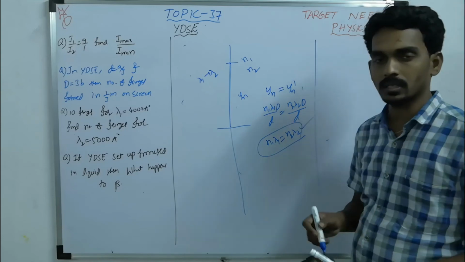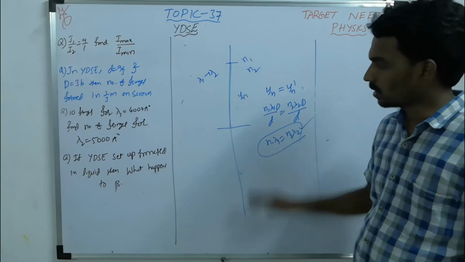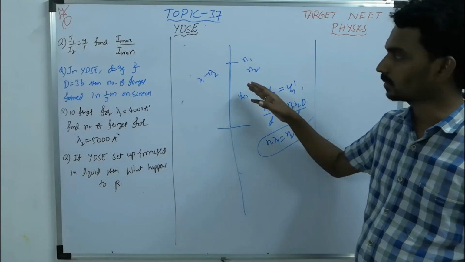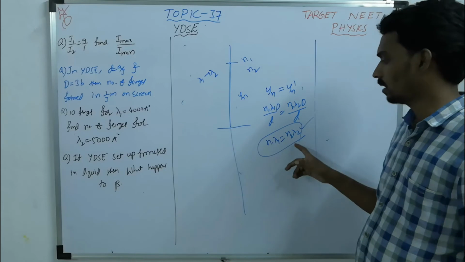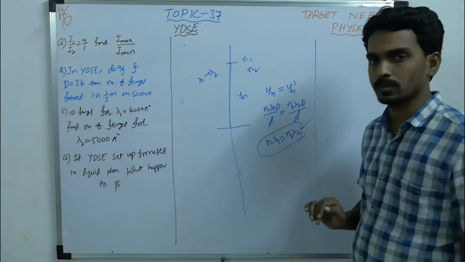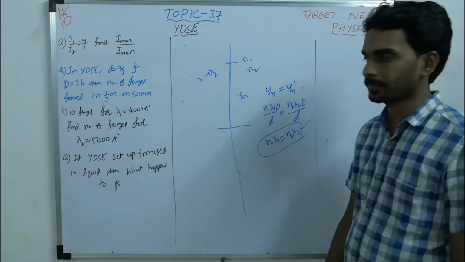This is the condition. If at the same position two different wavelengths are forming two different fringes, then the condition is n1 lambda 1 equals n2 lambda 2. So based on such simple things only, questions will be asked.